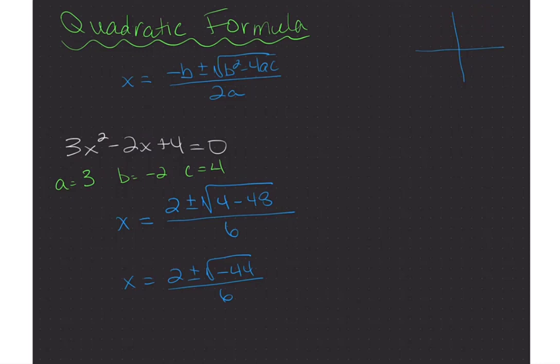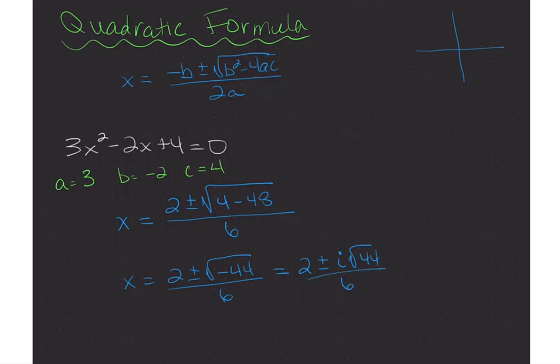So first thing we always do, we have to make sure that we're expressing our square roots of negatives in terms of i. Okay? So this is going to give us 2 plus or minus i times the square root of 44 all over 6.